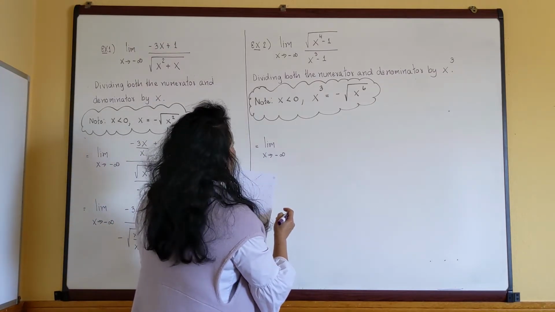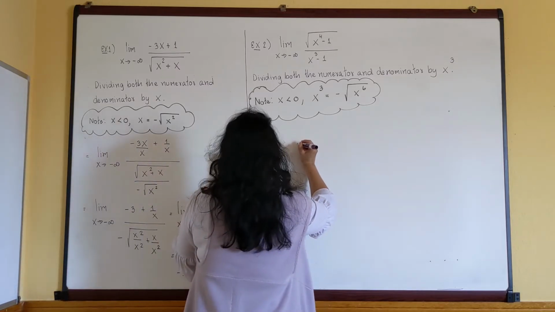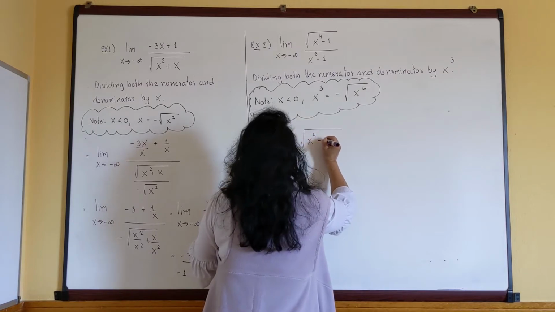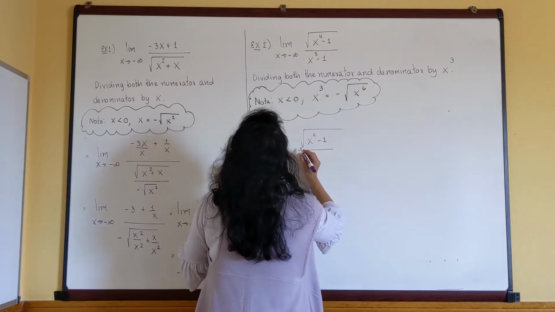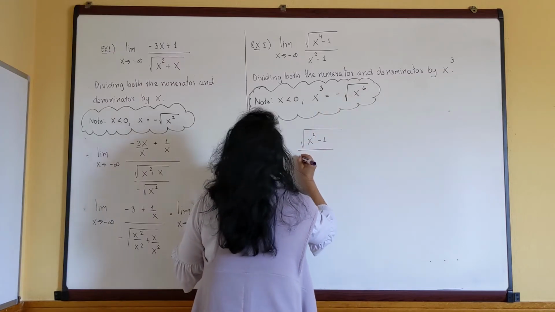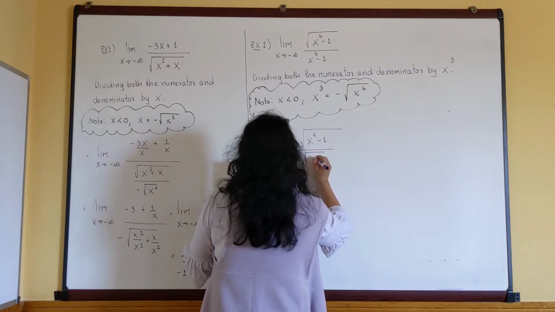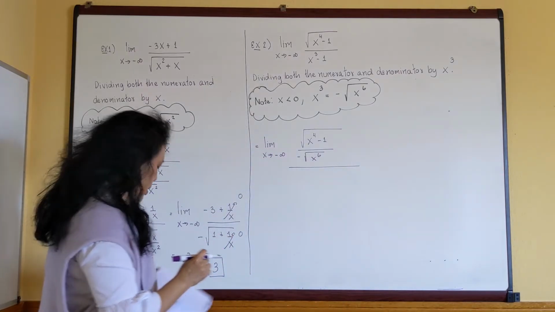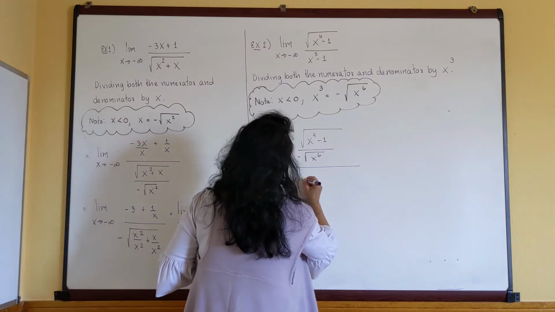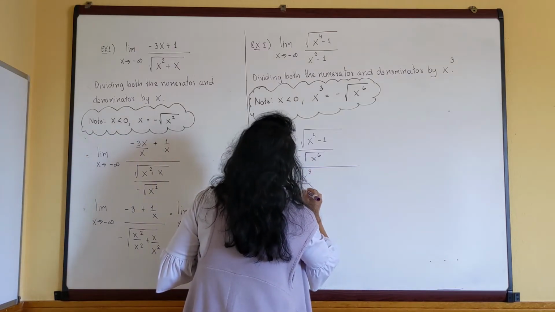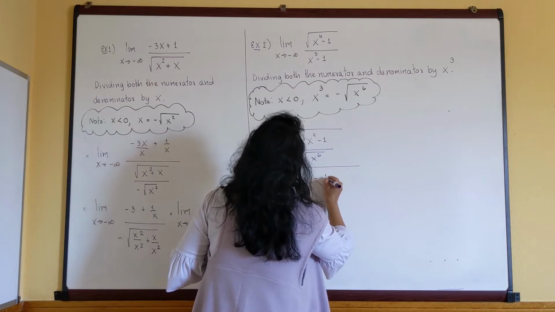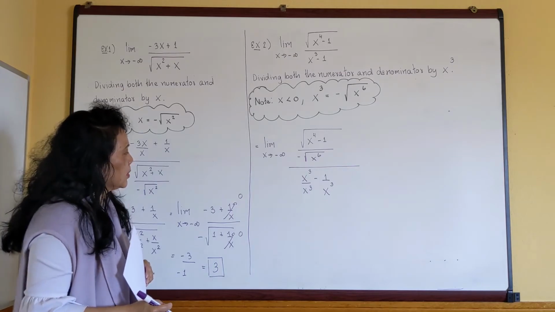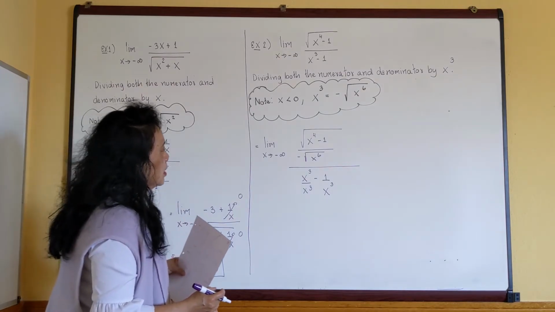The numerator would be square root of x to the 4th minus 1 divided by this term right here. That is my numerator. Denominator, I just have x cubed minus 1 over x cubed. Next step, I'm going to simplify a little bit.